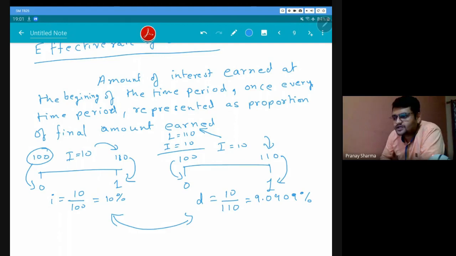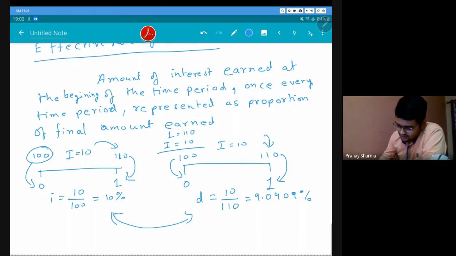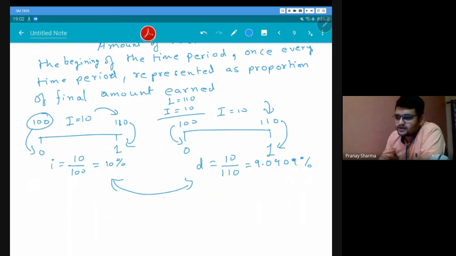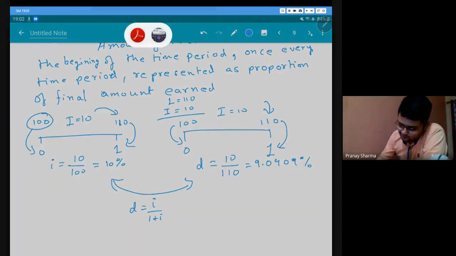But the concept is that we earn this interest at the beginning of the year. It's just conceptual. In actuality, no extra money was paid at the beginning of the year. You received 100 rupees, you gave 110 rupees. But these two become equivalent rates. You can find D by using I upon 1 plus I, where I is 10%.